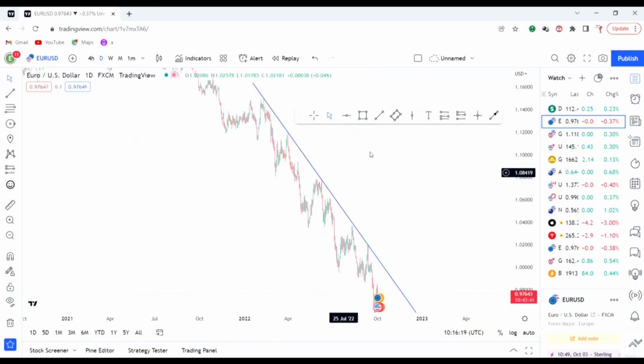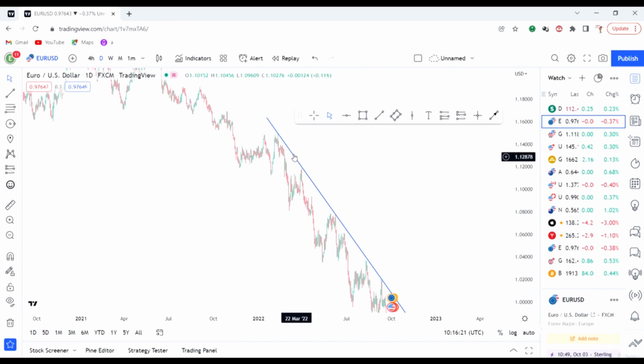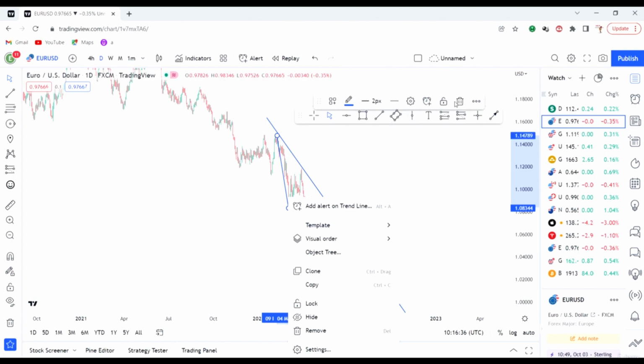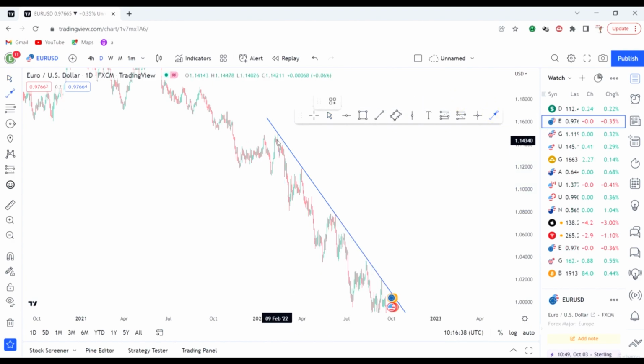Now you can see that starting from here, for example, this is a high, and then it came down and made this move. After it made this move, it now went up. Remember I said this is the impulse leg, and then this is the corrective leg, or the retracement.